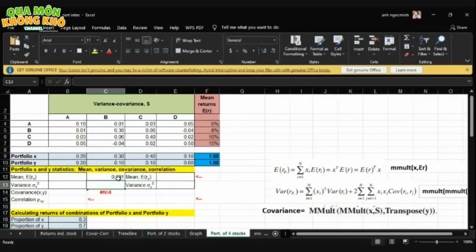Here is the result, but if you have a lot of assets, you cannot do it this way.